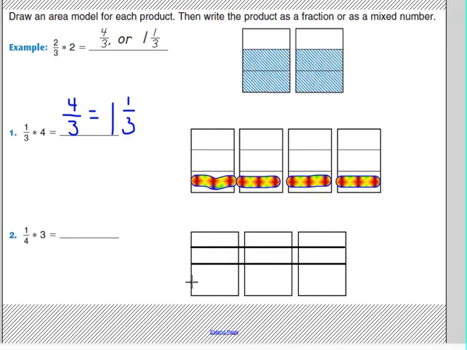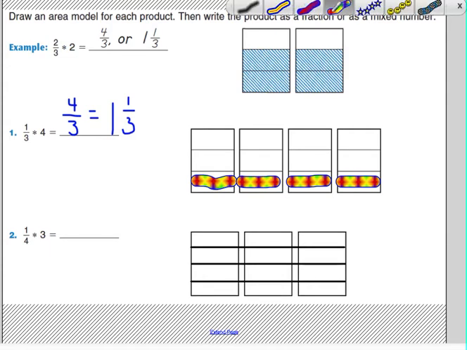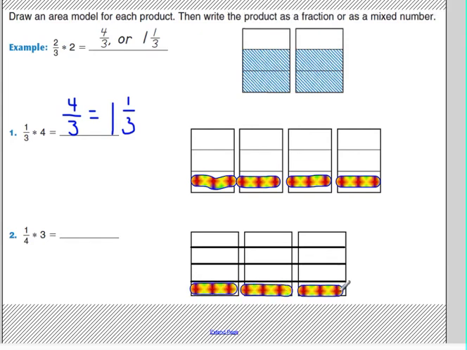Okay, so our wholes are divided into fourths, and it's 1/4. So we're going to go 1/4, 1/4, 1/4, 3 times. And if we look at what we have together, we have 3/4. And that can't be simplified.